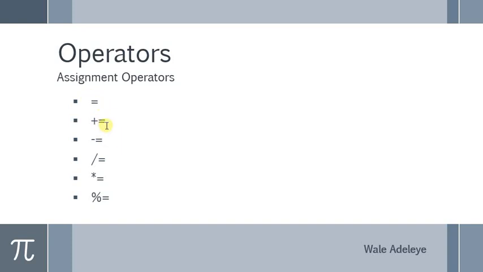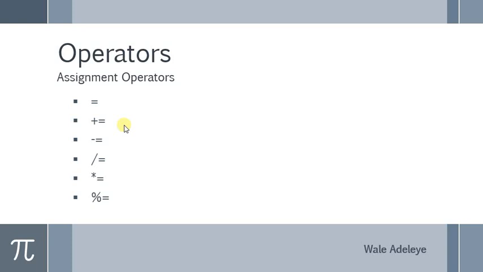But the plus equal to sign adds the new value, whatever you have on the right, to the value of the variable. And the minus equal to does the opposite. It subtracts that value from the value of your variable.